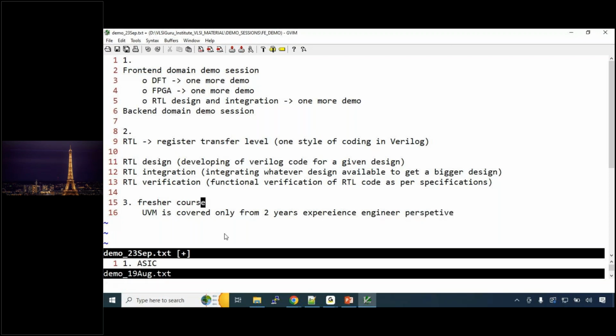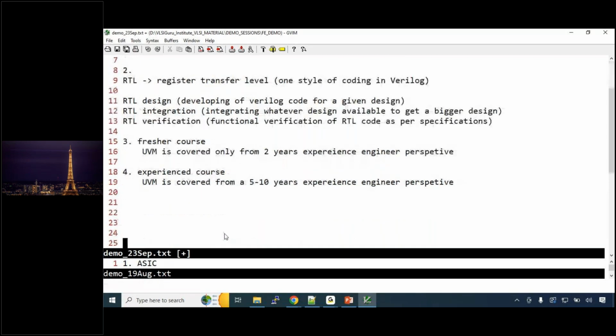In the experienced course, UVM is covered from a 5 to 10 years experienced engineer perspective. I mean, if you are working in the industry with 5 to 10 years experience, how much expertise do you need with UVM?